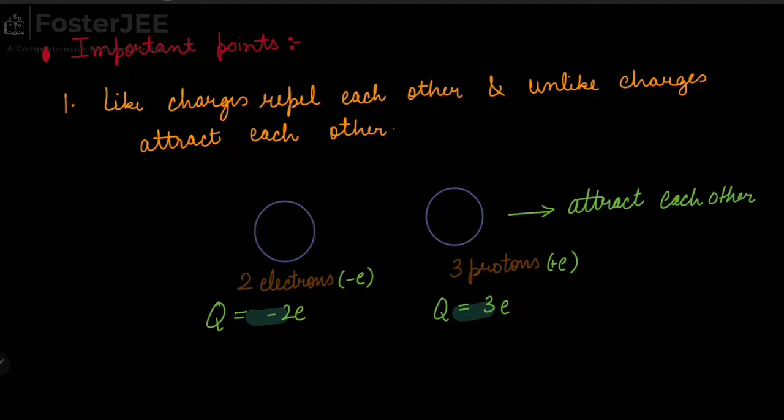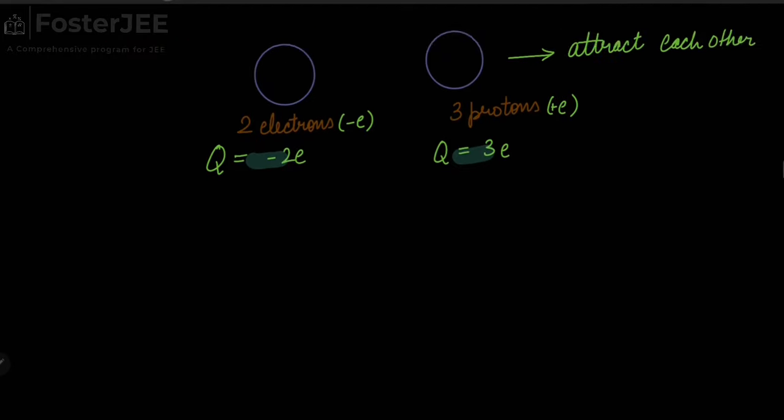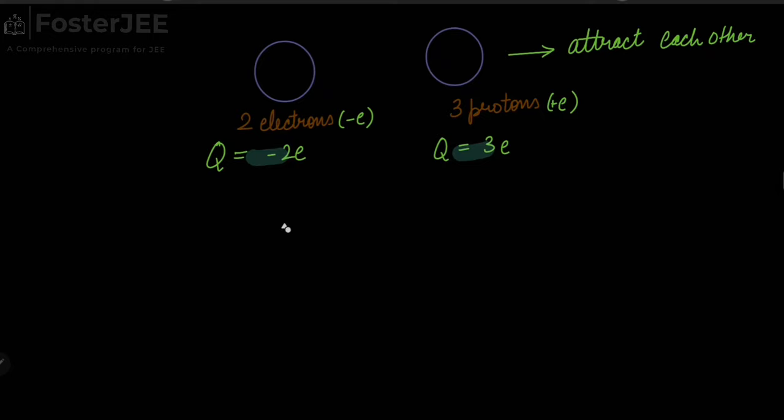Now, similarly, if we have two bodies, let's say on this body, one electron is present, and on this body, 4 electrons are present.